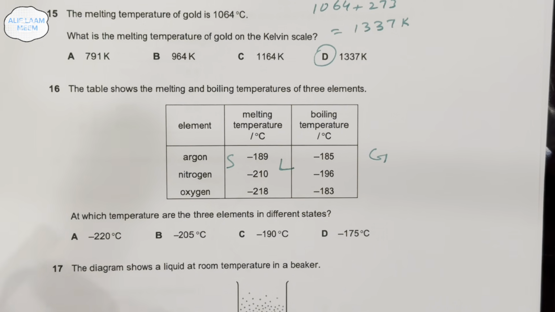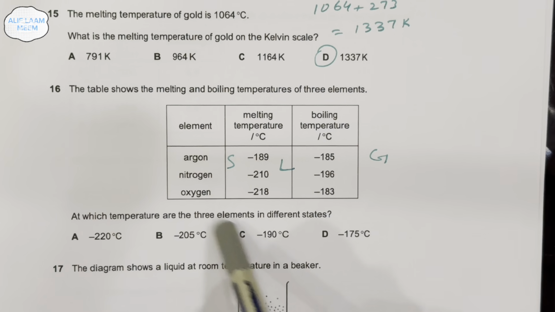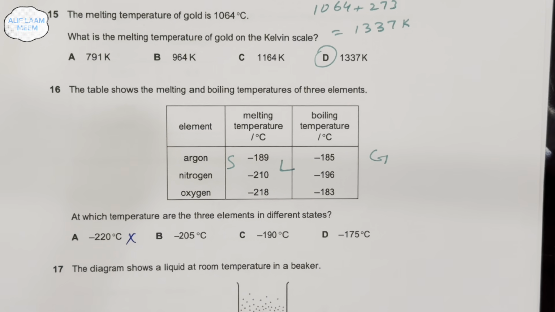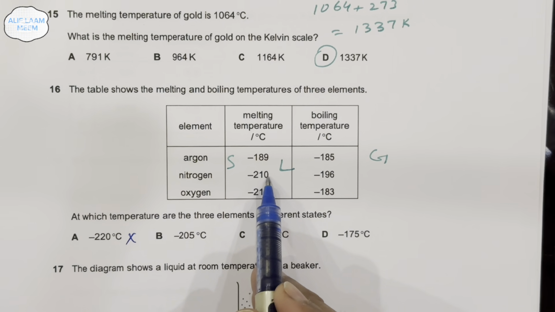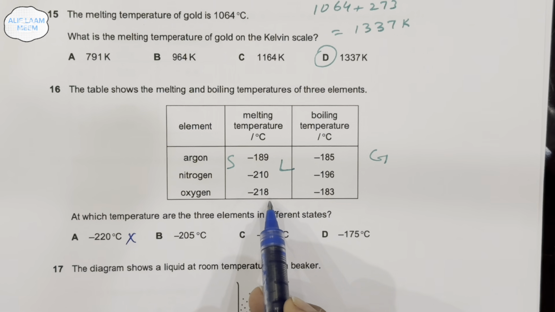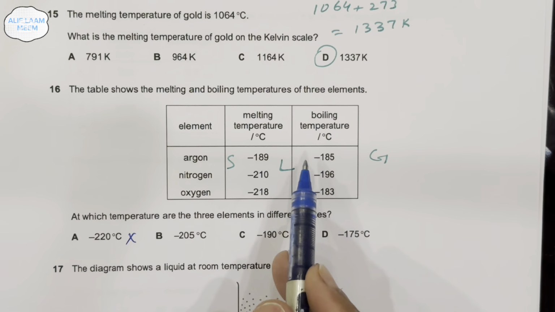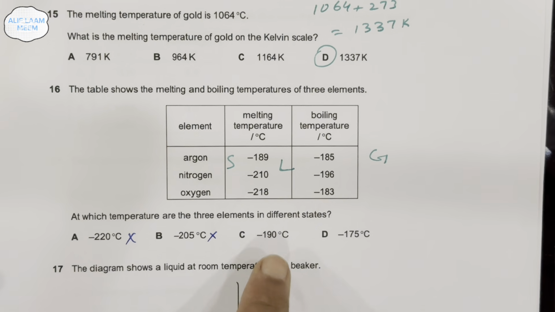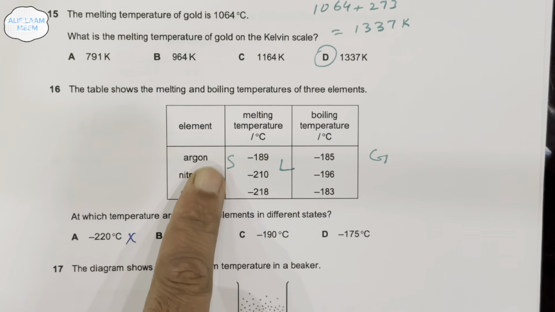So at minus 220, minus 220 is actually higher than all of these values, so it cannot be selected. Minus 205 is between this value and this value, but it is far higher than that value, so this cannot be. Minus 190 is lower than this.